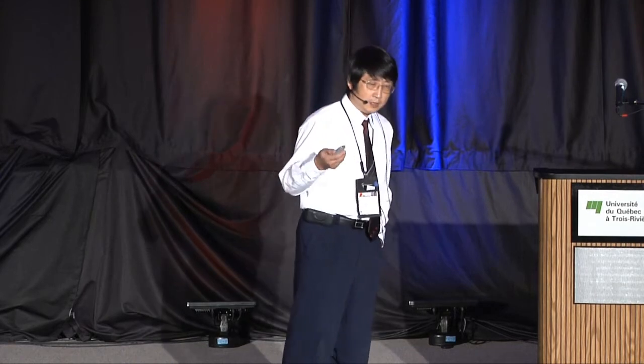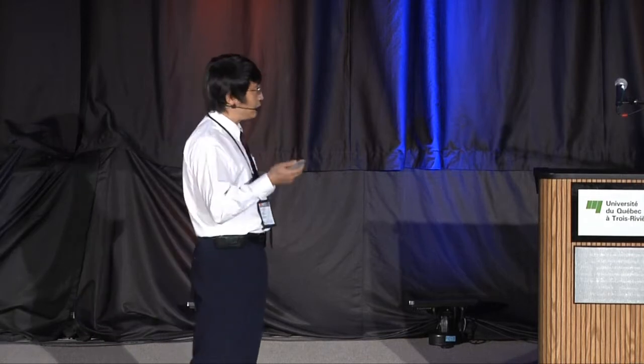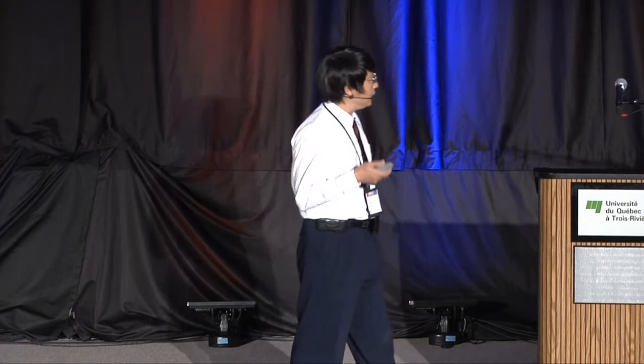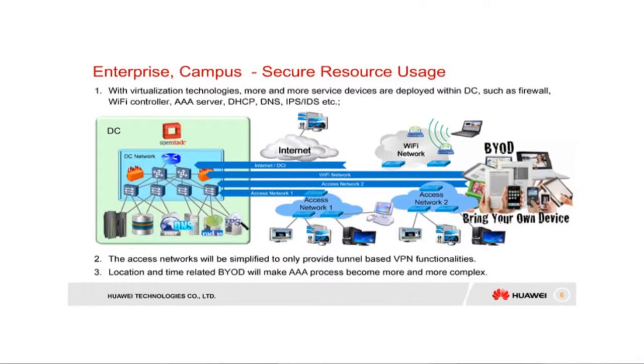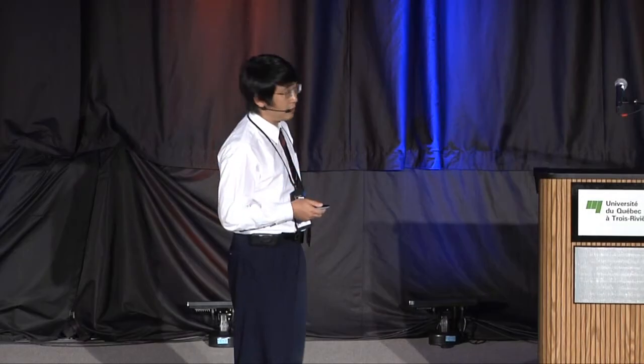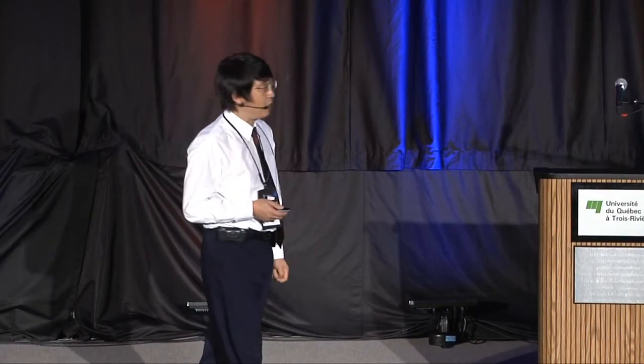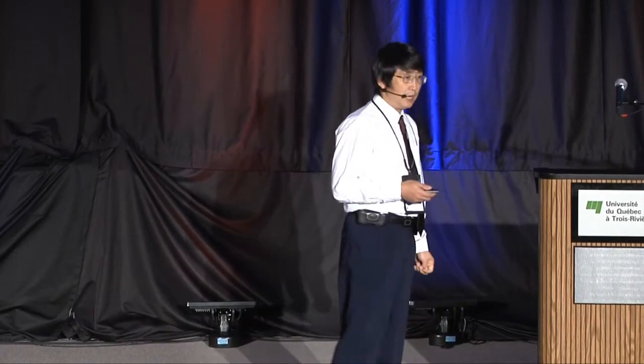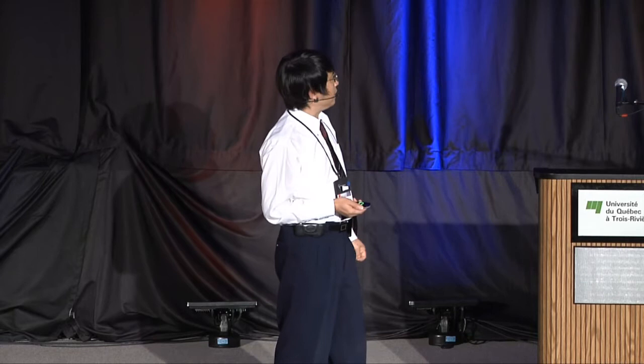It's like a human: we have eyes and a body, we touch the world, and we send these signals to the brain. So if we treat the DC as the human brain, then there are lots of access networks we need to consider, especially now that we have BYOD, so a lot of devices are coming in.